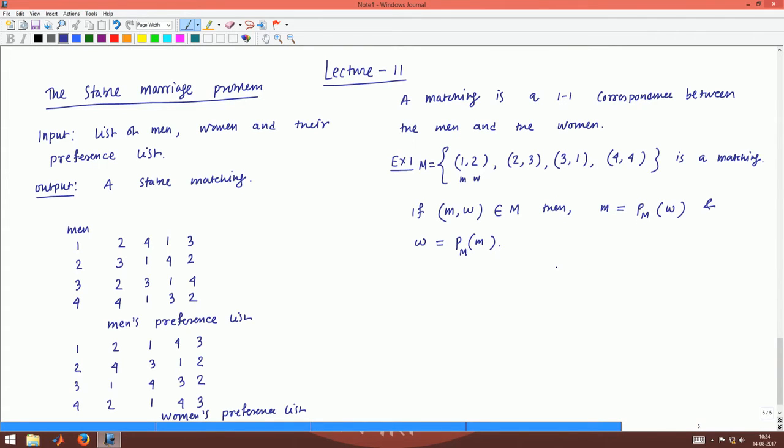Now, we talk about the most important part, that is called the blocking pair.